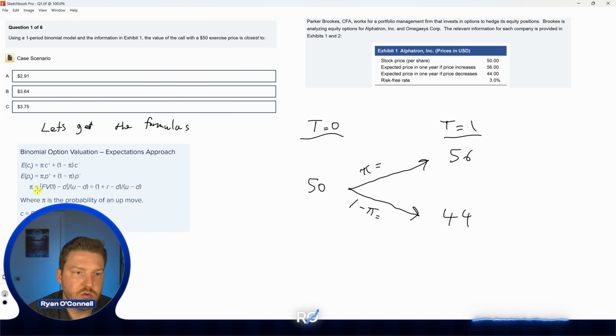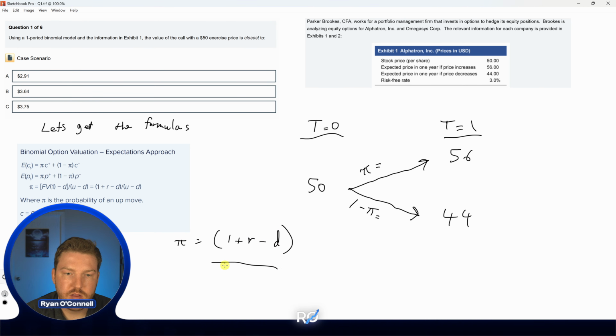Well, we can use this formula right here. Let's write this out. It's going to be equal to 1 plus R, which is the risk-free rate, minus the down factor, divided by the up factor minus the down factor. So what are the up factor and the down factor? That's quite simple.